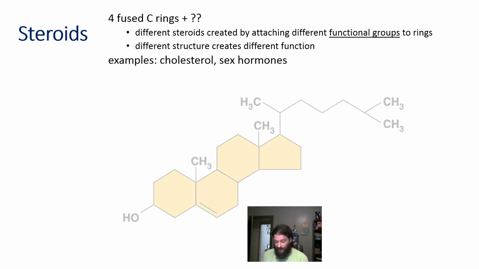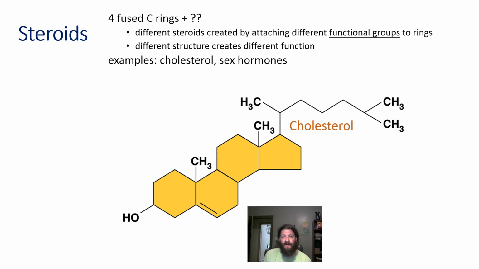The classic example here is cholesterol, and here you can see the 4 carbon rings here in the middle, and then attached to them are, here's a methyl group, and here's another methyl group, and down here is a hydroxyl group. And if you were saying to yourself, well, this doesn't look like a lipid at all, why do they call these lipids?